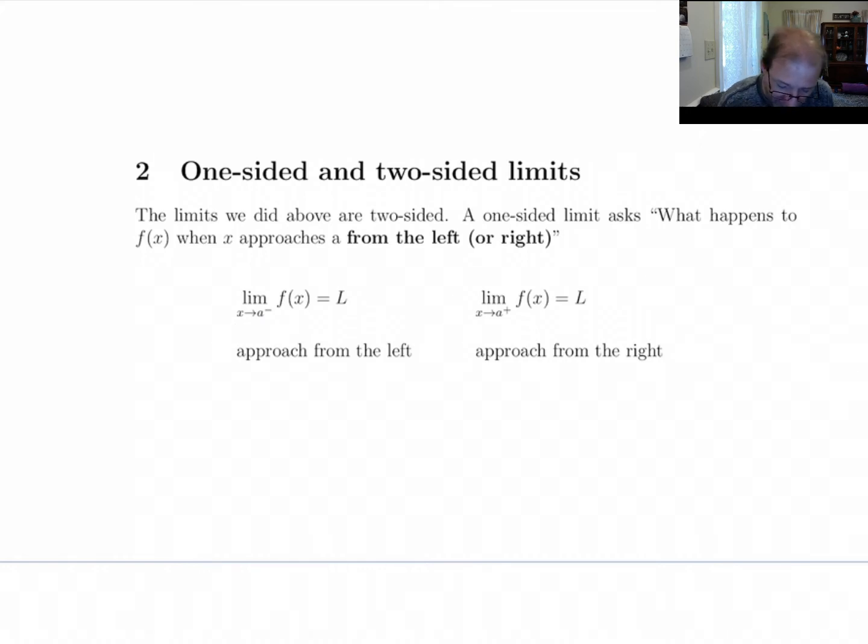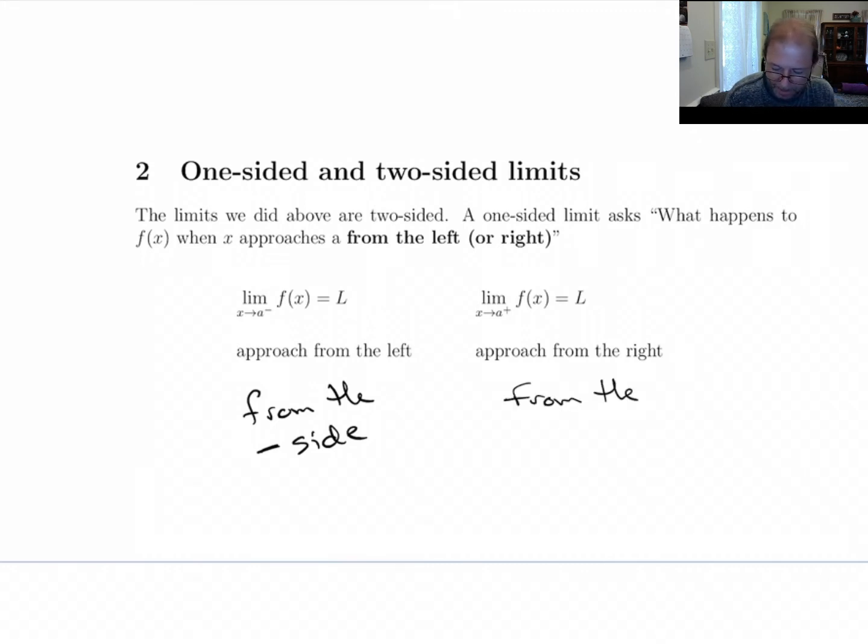Sometimes I think of this as from the minus side. And same thing over here for approaching from the right, from the plus side. That's what the little superscripted minus and plus here mean.